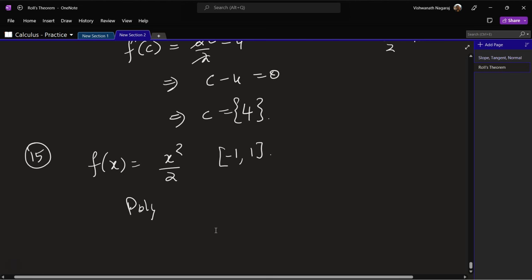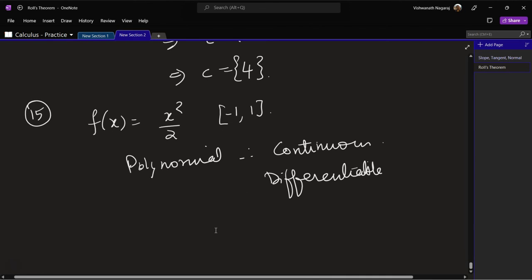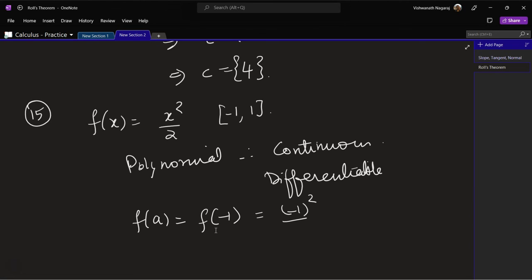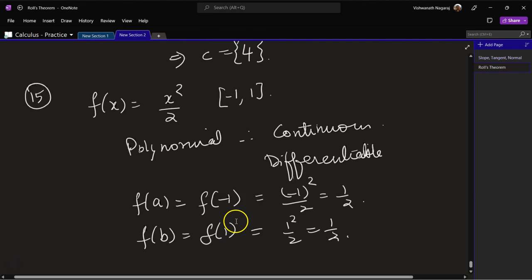It's a polynomial, so therefore continuous throughout, and since it is differentiable throughout, it is differentiable in this interval also. Now f of a is equal to f of minus 1, which is equal to minus 1 square by 2, which is 1 by 2. f of b is equal to f of 1, which is equal to 1 square by 2, which is 1 by 2.